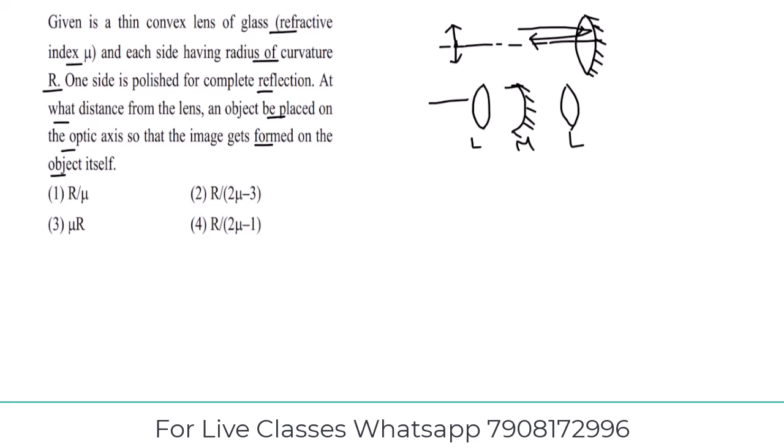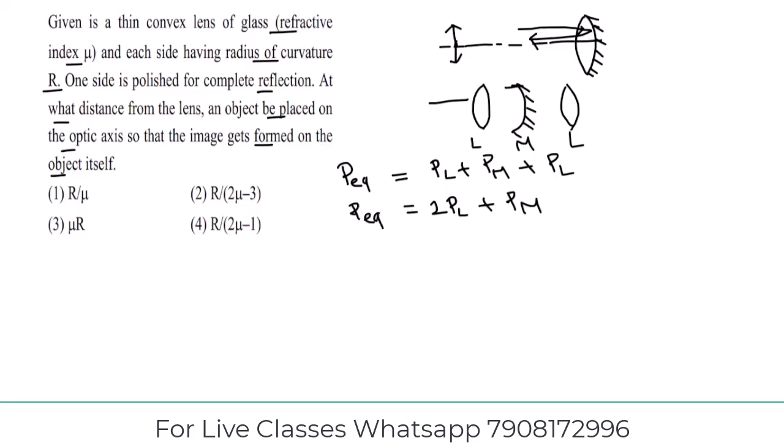Now let's say the power of the lens is PL and the power of the mirror is PM. So the total equivalent power P equivalent is equal to PL plus PM plus PL, that is, twice PL plus PM. So this is the P equivalent.